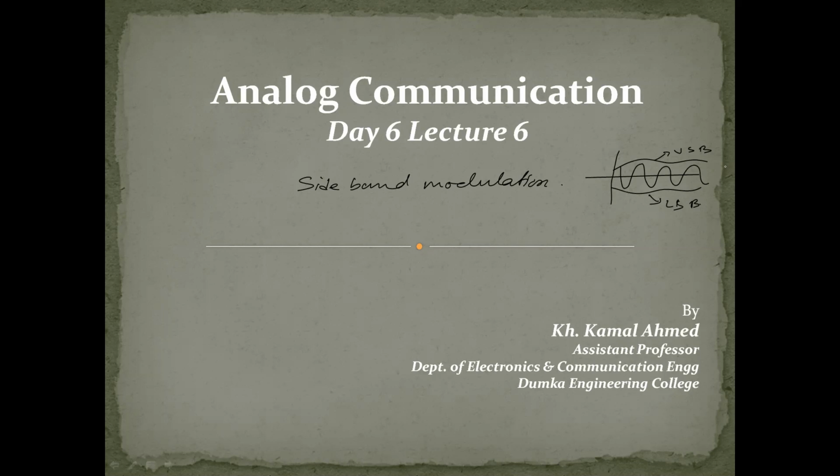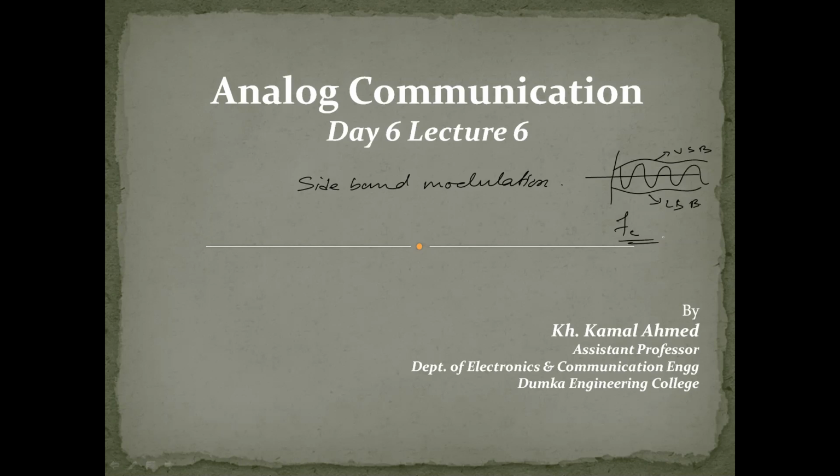So in the whole band, I have the information, except at the frequency of the carrier wave, and the carrier frequency has no information. So I can say in the process of amplitude modulation or phase modulation, the modulated wave consists of the carrier wave and two sidebands.